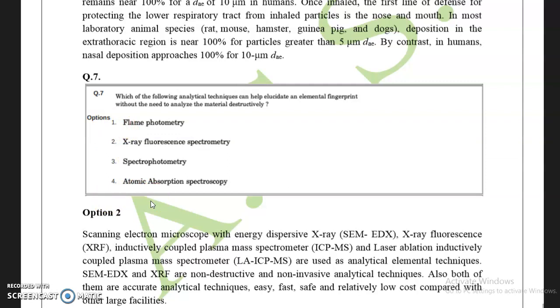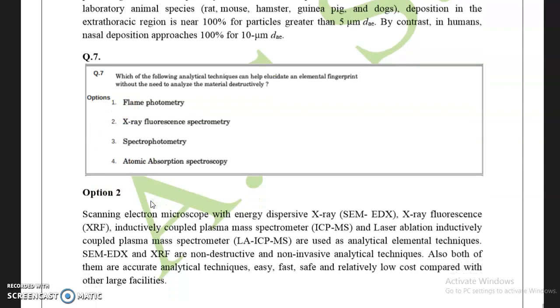There could be many analytical techniques as provided in the explanation, but particularly 2 techniques, that is scanning electron microscope with energy dispersive X-ray, that is SEM-EDX, and X-ray fluorescence, that is XRF, are the only non-destructive and non-invasive analytical techniques among many.